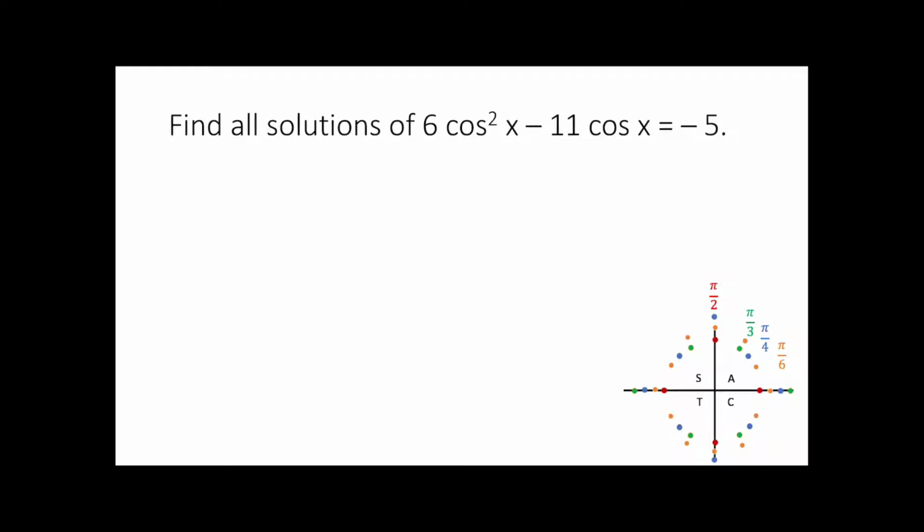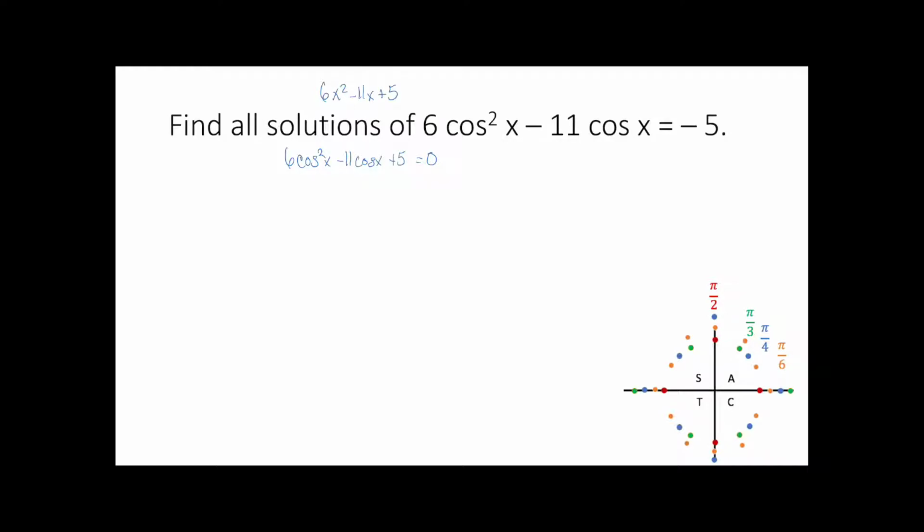Lastly, we need to find all solutions of 6 times the cosine squared of x minus 11 cosine of x plus 5 is equal to 0. So we'll start by gathering everybody on one side. And then asking ourselves, could we factor 6x squared minus 11x plus 5?